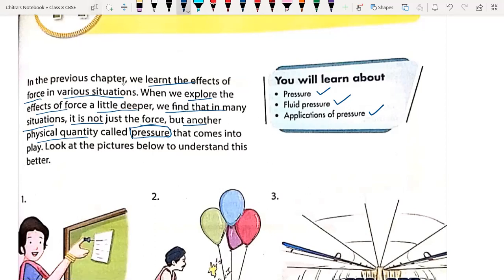It comes into play. Look at the pictures below and understand pressure in a better manner.